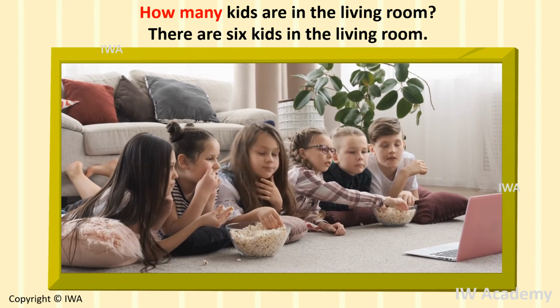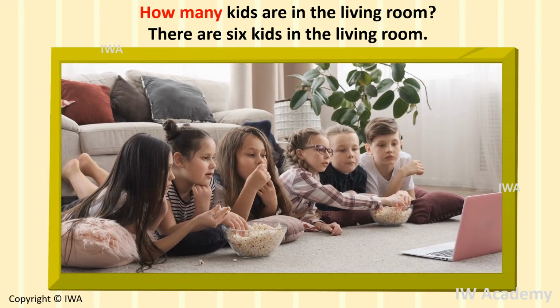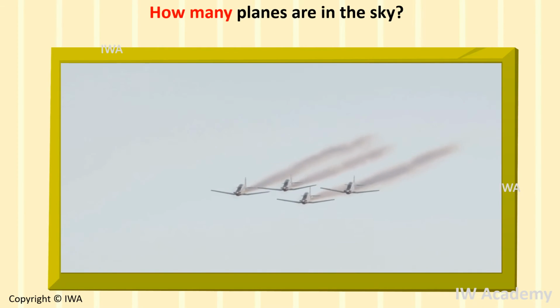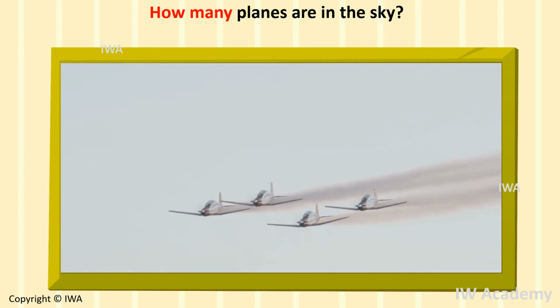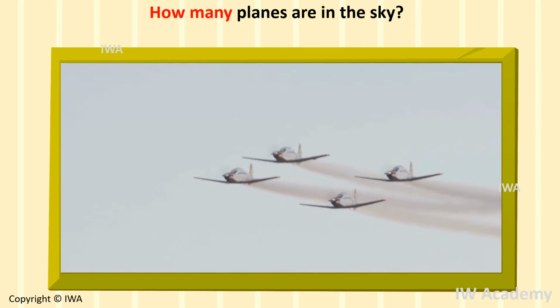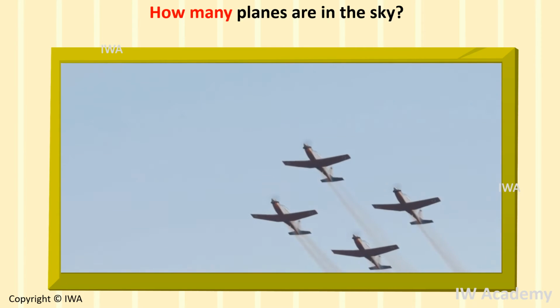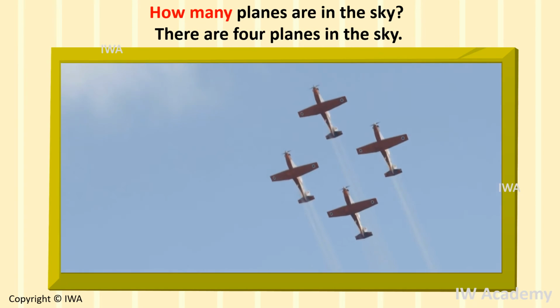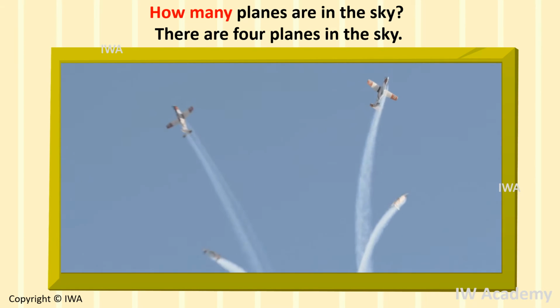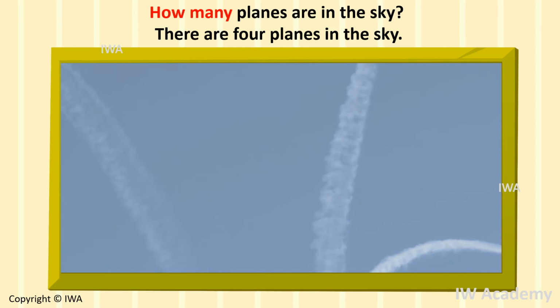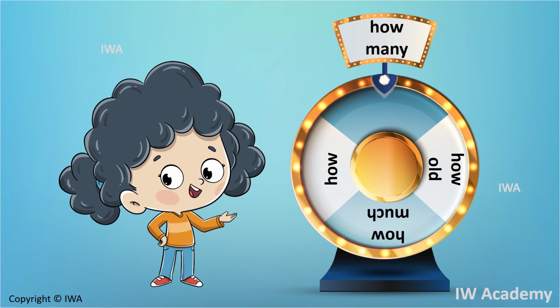There are 6 kids in the living room. How many planes are in the sky? Excellent! There are 4 planes in the sky. We use how many with countable nouns.